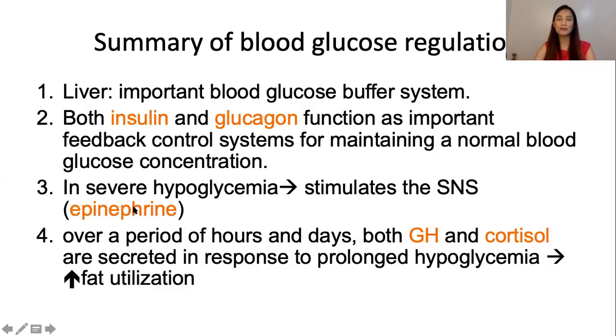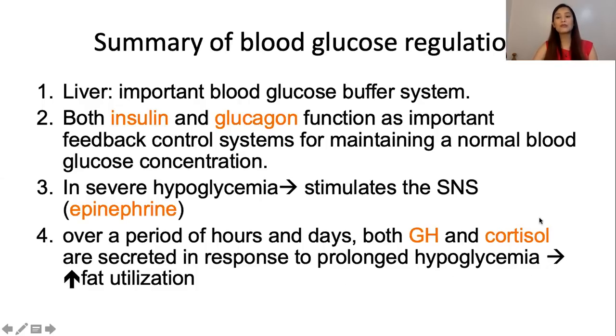Remember, epinephrine helps break down fat so that fat can be utilized as a source of energy. Over a period of hours and days, your growth hormone and cortisol levels will also help increase blood glucose levels in patients who have prolonged hypoglycemia.